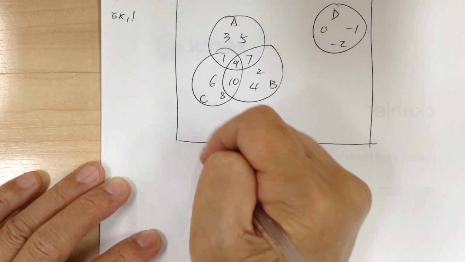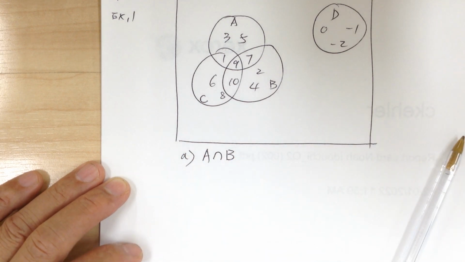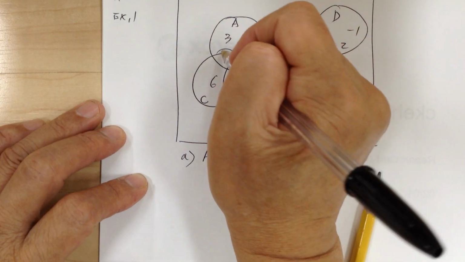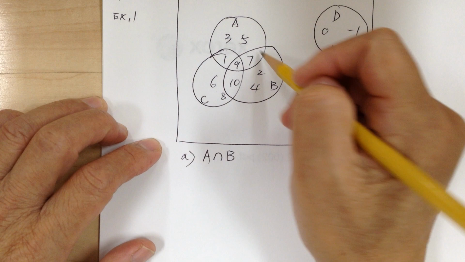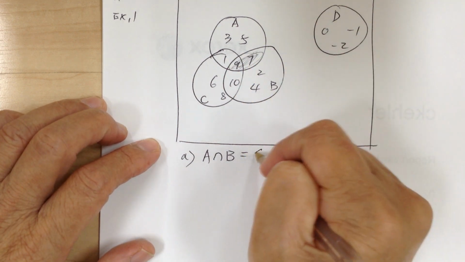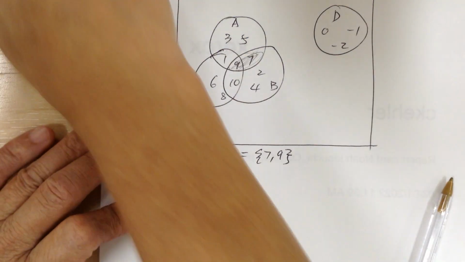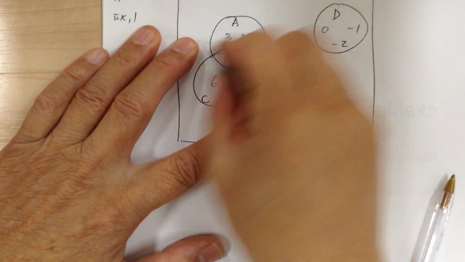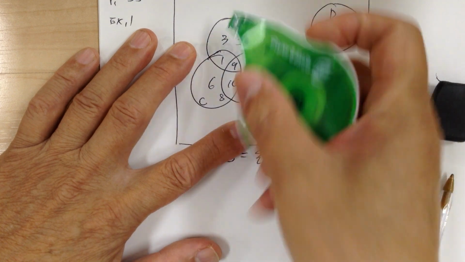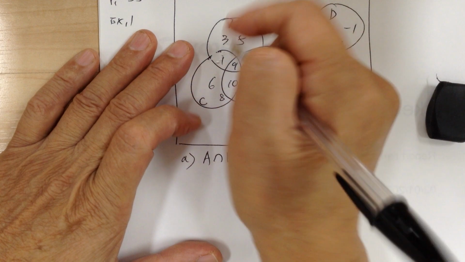For part A, you're looking for A intersect B, which is what is in A and also in B. Here's your A, here's your B, so it would be this right over here. So this will equal 7 and 9. You probably want to use a pen to write down your set, and then use a pencil to mark the elements you're looking for.